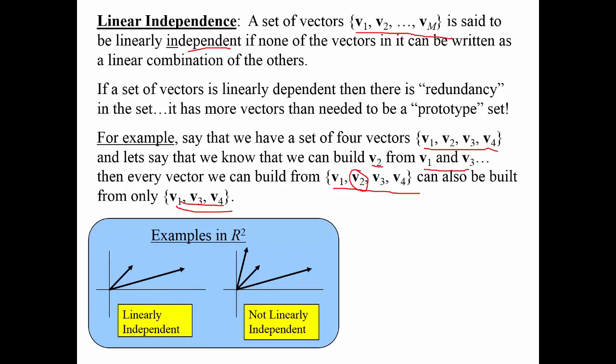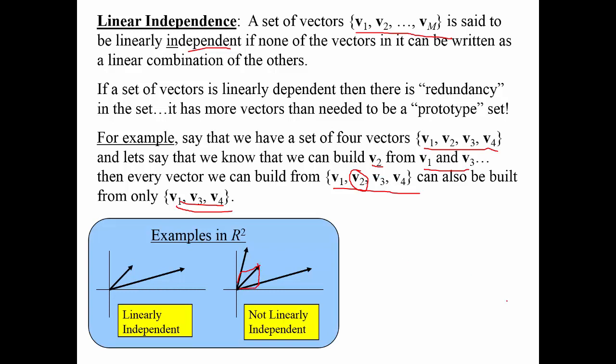So here are some examples. The example on the left, they are linearly independent in R2, and the example on the right, they are linearly dependent, or not linearly independent. In this case, I can always write this vector in terms of, say, this vector scaled down to that length, this vector scaled down to that length, and then draw the parallelogram, and I've got that.